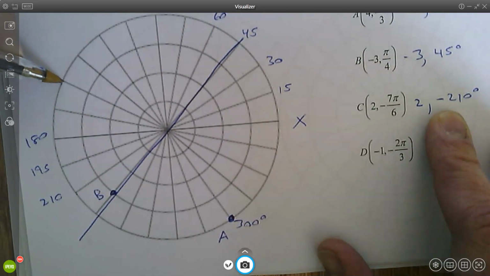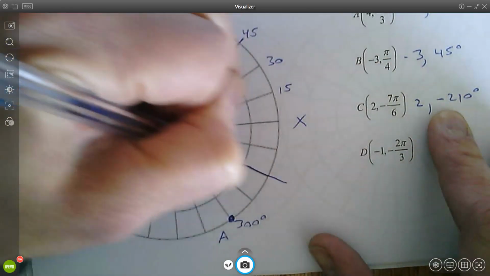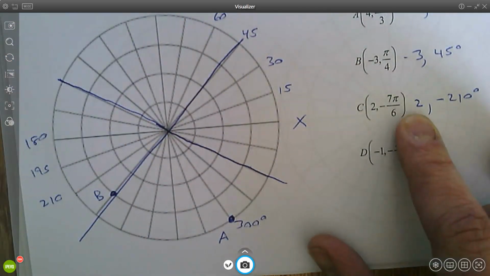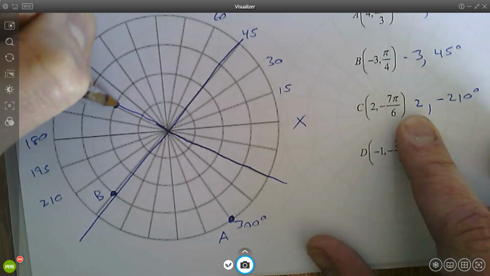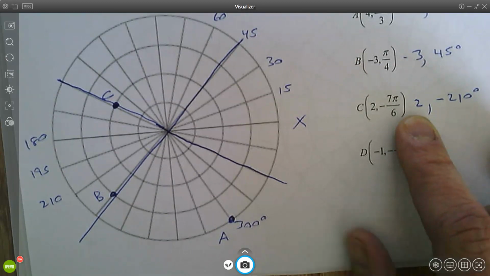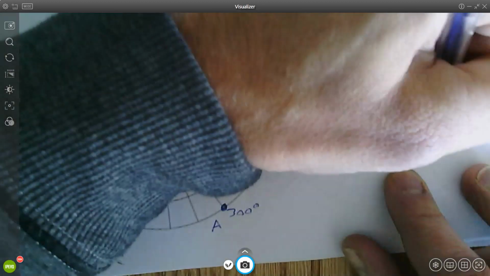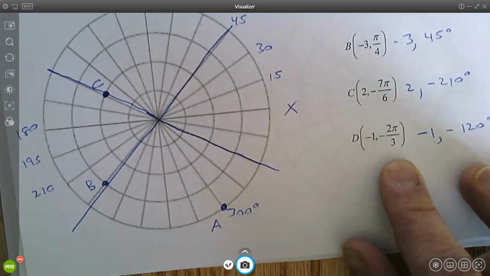So we're going to be here. We're going to be on this line. So again, take your pen or highlighter, highlight that line. The radius is 2, so we're going to go 2 units towards this. We're going to be on that terminal side. That's C.